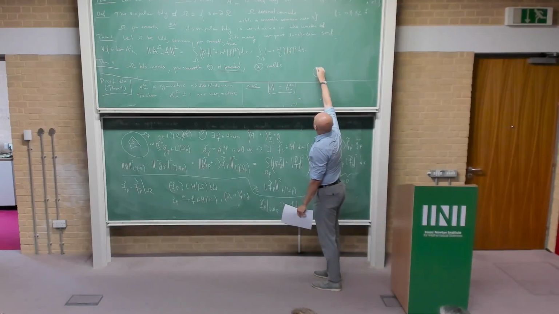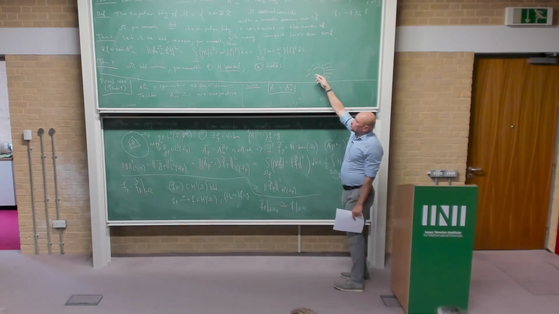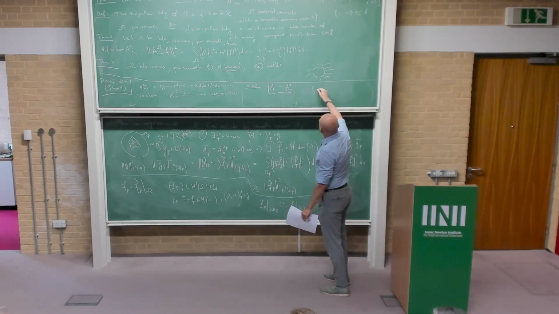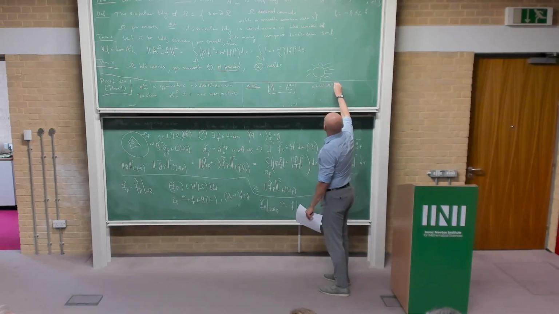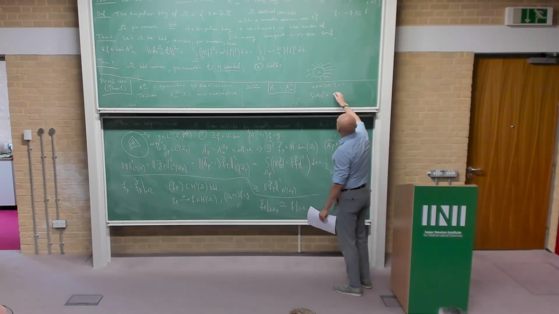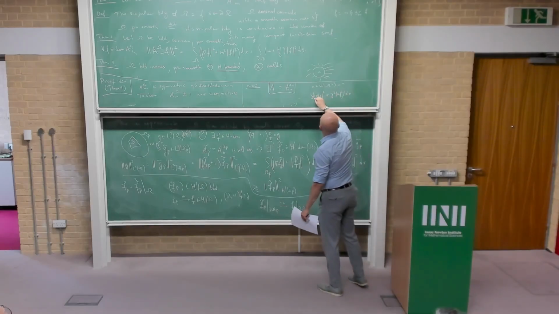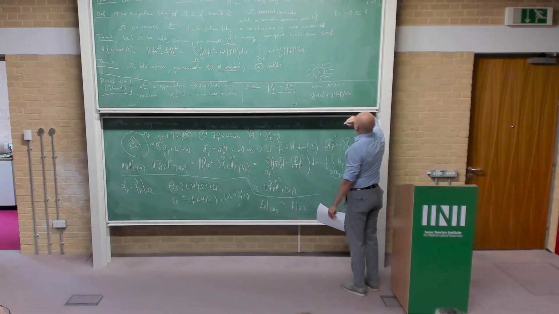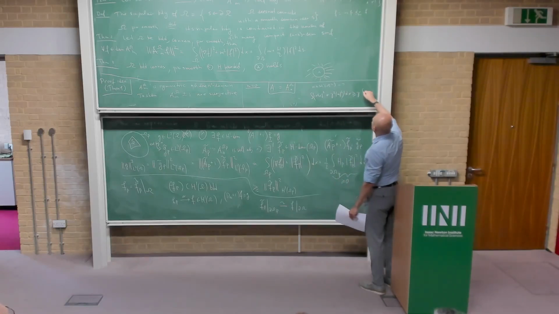If you consider the exterior of a convex domain, then you have a very nice inequality: if U is in H1 of omega C, then you have the integral of nabla U squared plus gamma squared U squared dx, with gamma.